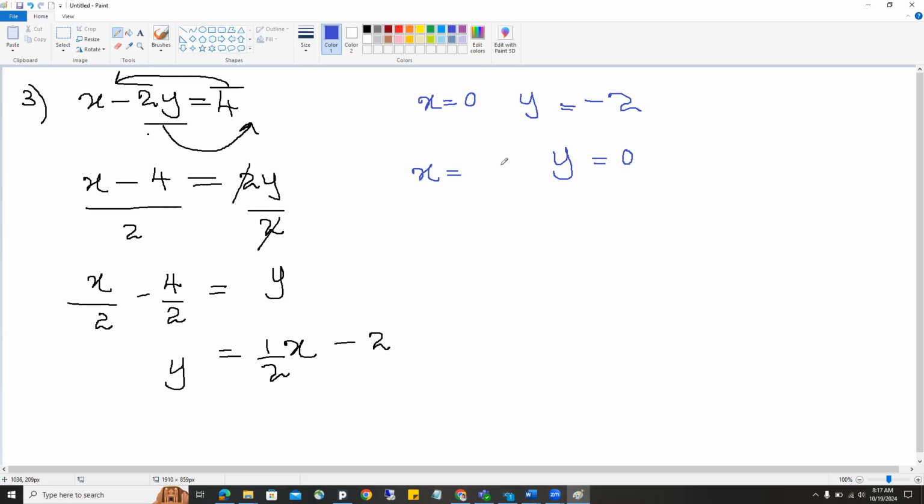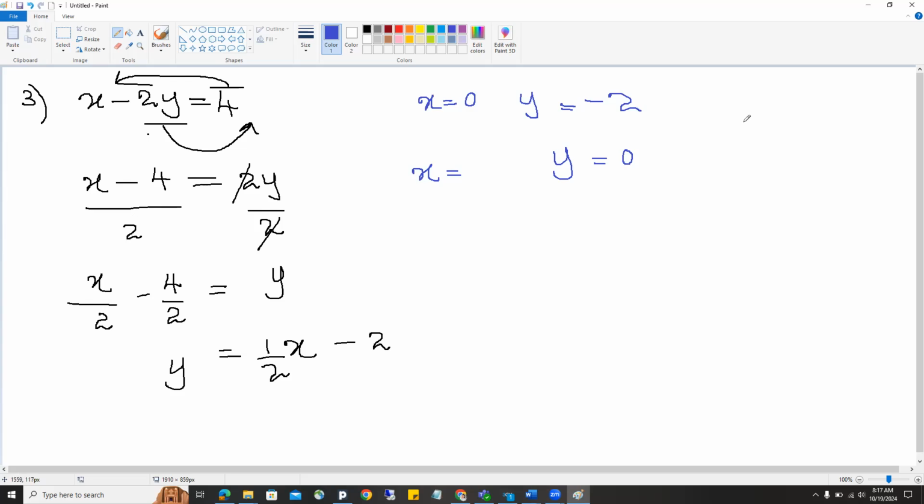What is the value? When y is equals to 0, what is the x value?